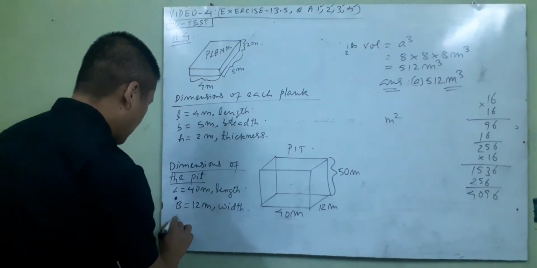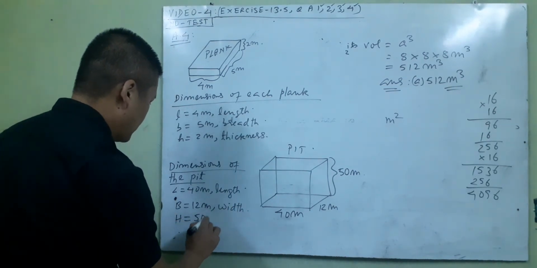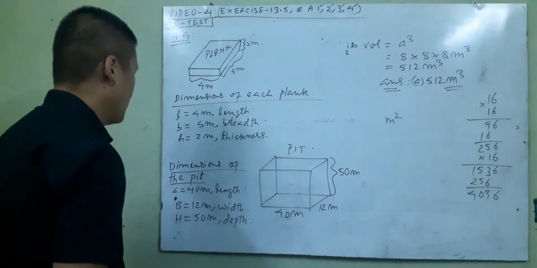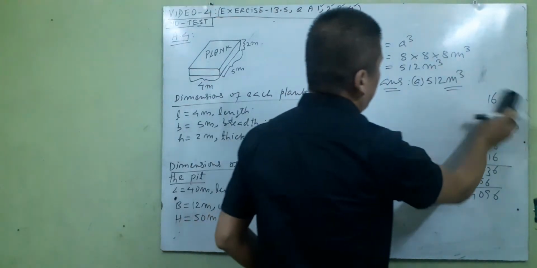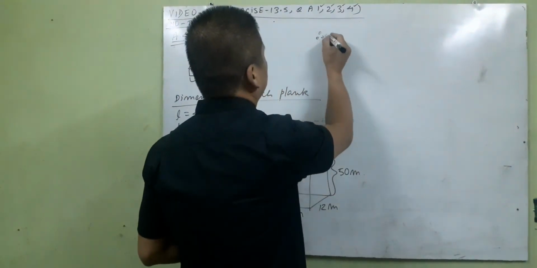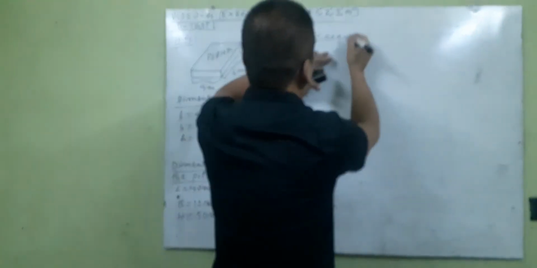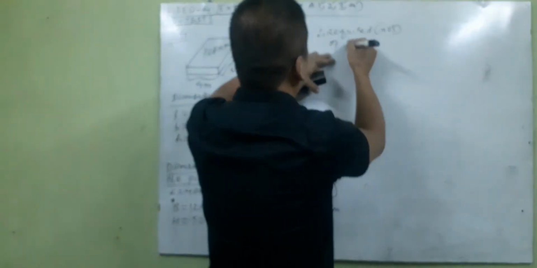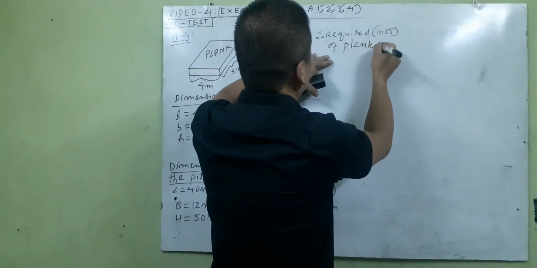And H is equal to 50 meter, the depth of the pit. So with this, we have to find how many planks can go inside this pit. So let's write that down. Therefore, the required number of planks that can go inside this pit.